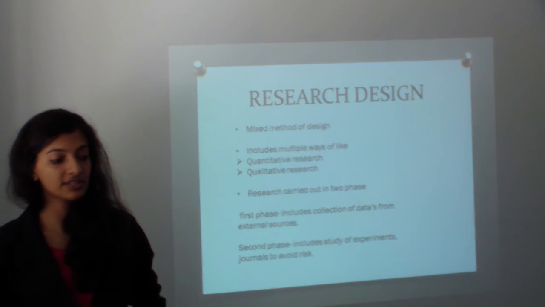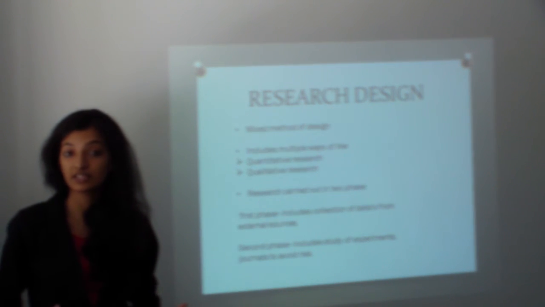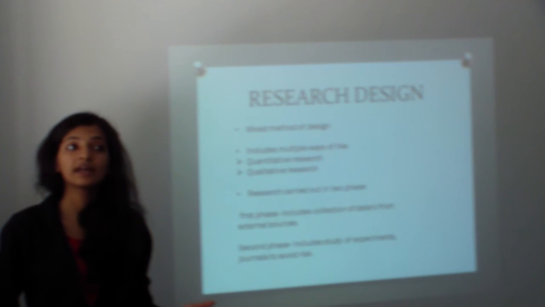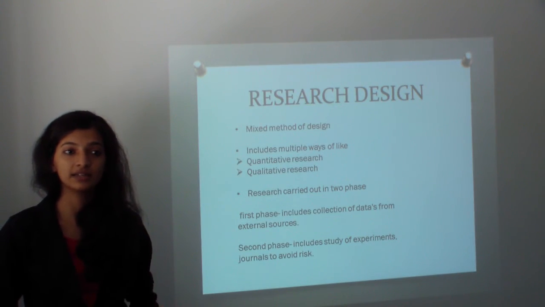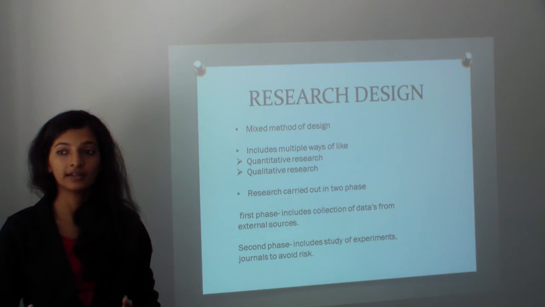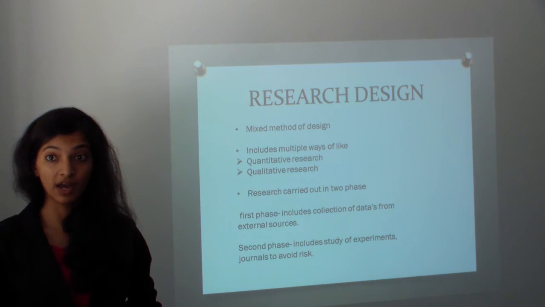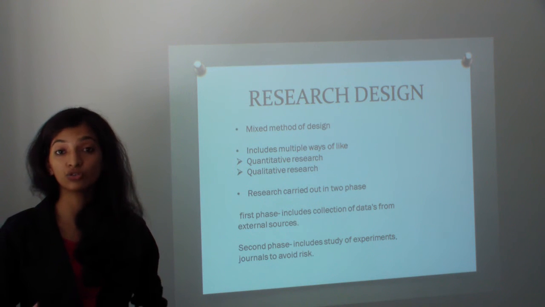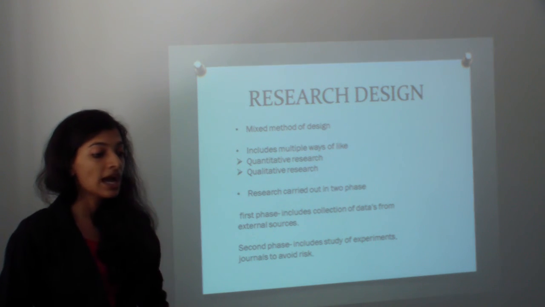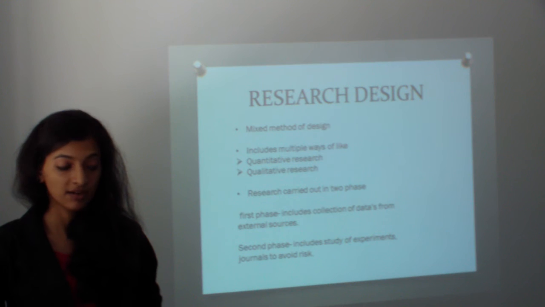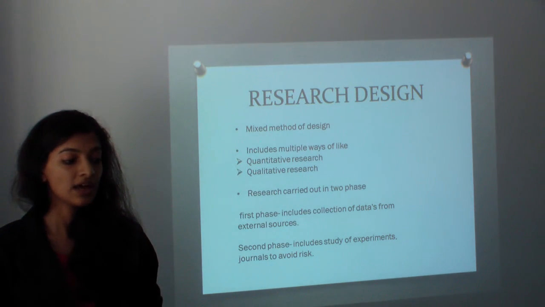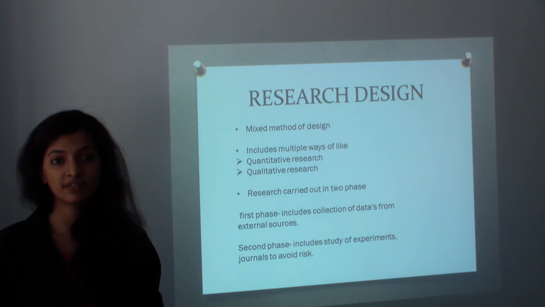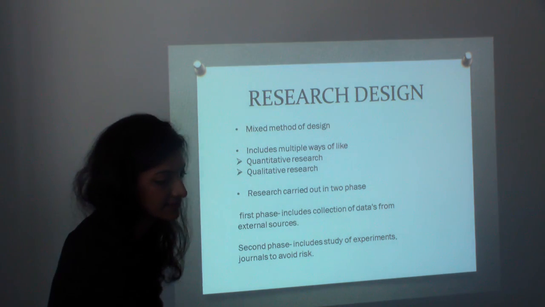In my first phase, it includes the collection of data from external sources, like journals, internet sources, and all the information from our lecture notes and lecture slides, how to write the essays notes. And the second phase of my research includes the study of experiments and the journals to avoid the risk and to increase the accuracy of my research.